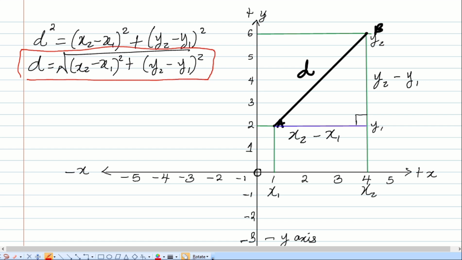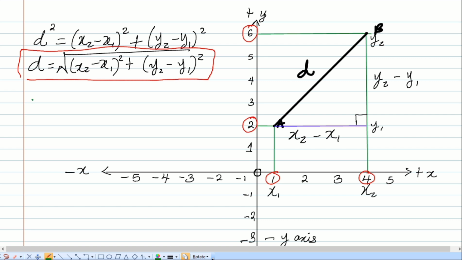So in this our case now, remember the value of x1 is 1, the value of x2 is 4, the value of y1 is 2, the value of y2 is 6. So what if we're asked to find this distance A and B? We can now use this formula to solve.